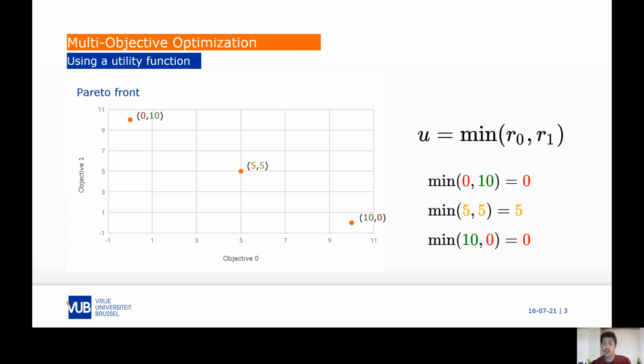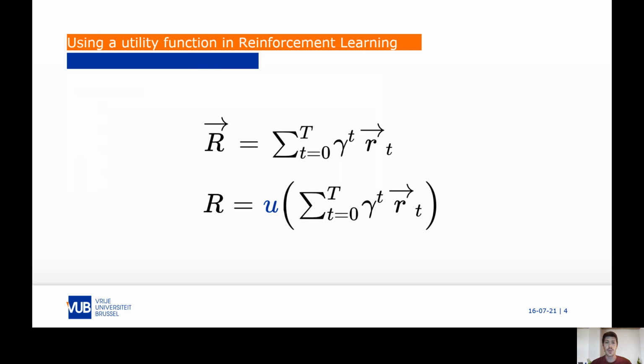Okay, so how does this go with reinforcement learning? Well, in multi-objective reinforcement learning, we have a sum of rewards, in this case vectorial rewards, since we have multiple reward signals, which means we have a vectorial return.